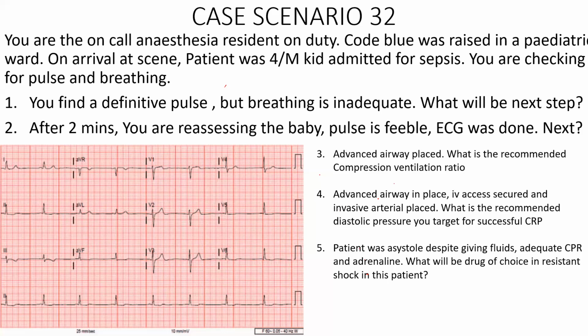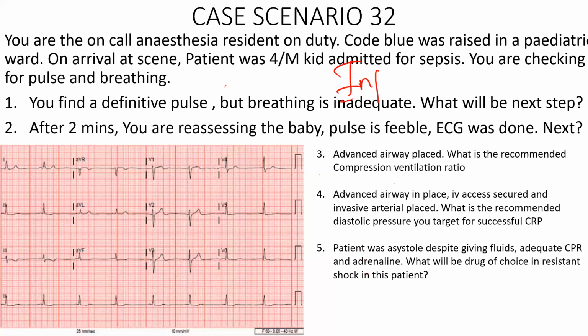Now the advanced airway is in place. IV access is obtained. An invasive arterial line is placed. What is the recommended diastolic pressure you target for successful CPR for a 4 year old kid? More than 20. More than 40, sir? Okay.